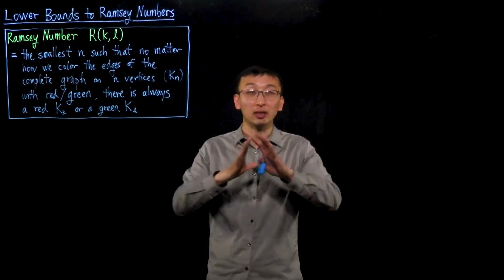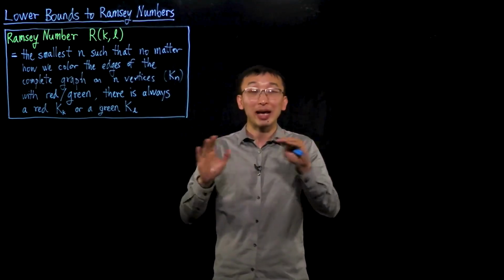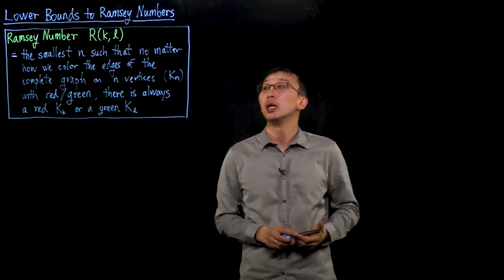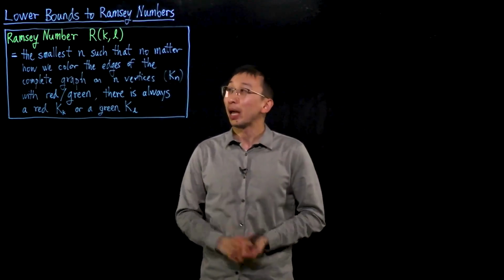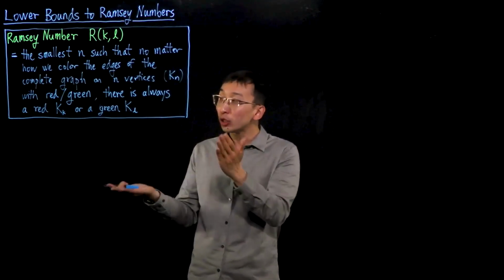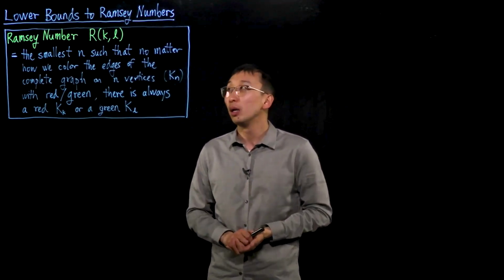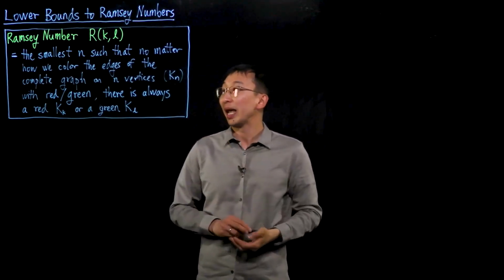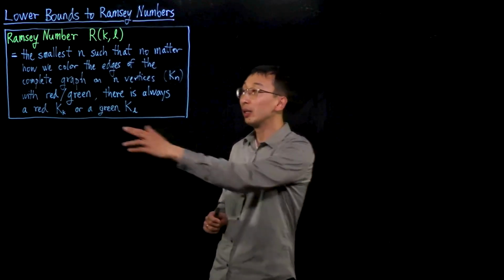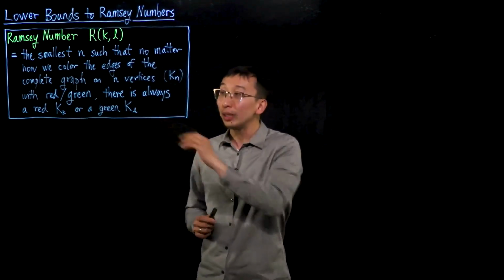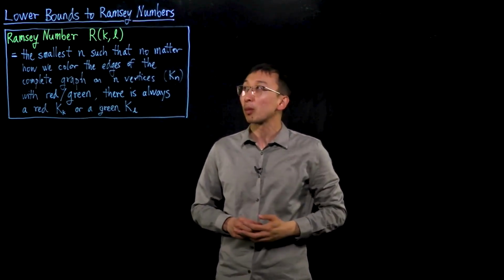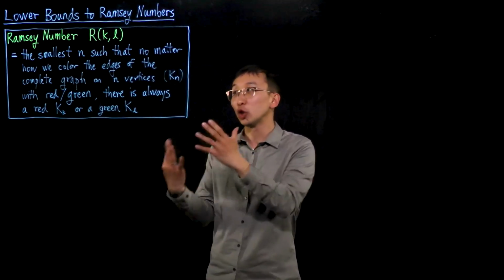So a complete graph is n vertices with all the n choose 2 edges available. And if we color all such edges, each one of them either red or green, so with one of 2 colors, then there always exists a red clique on k vertices, or a green clique on l vertices. Right, so the Ramsey number is the smallest n such that this is possible.